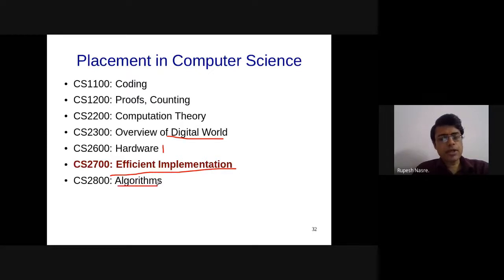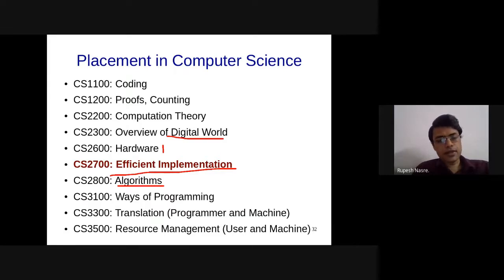The algorithms part happens actually in the next semester, and I'm sure some of you are contacting the instructor to check if you can enroll into the course, although officially DCC has not permitted to consider this as a prerequisite in absence of 2710. And then there are other core courses in computer science, paradigms of programming, compiler design, as well as operating systems.